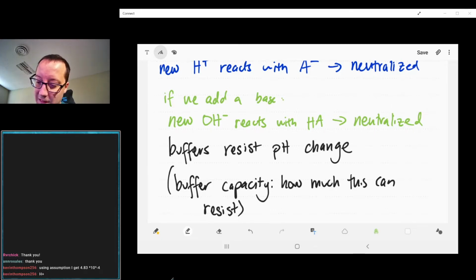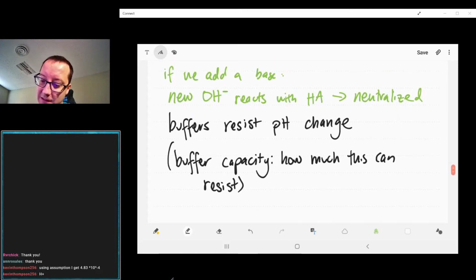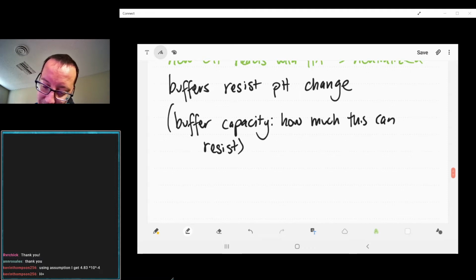So we're going to see that if we take, let's say we have a solution of, you can do that, acetic acid and sodium acetate.